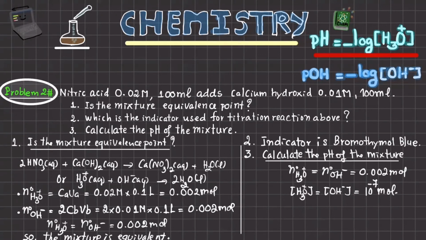The pH equals minus log of the hydronium concentration, and then the pH equals 7 because the hydronium concentration equals 10 to the power minus 7. So the pH equals 7, right?